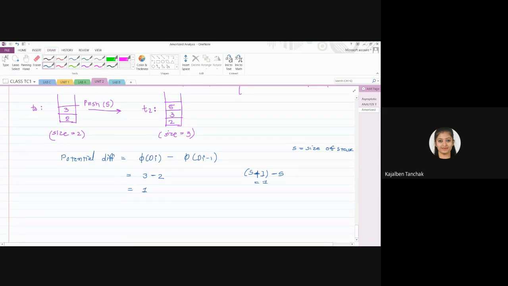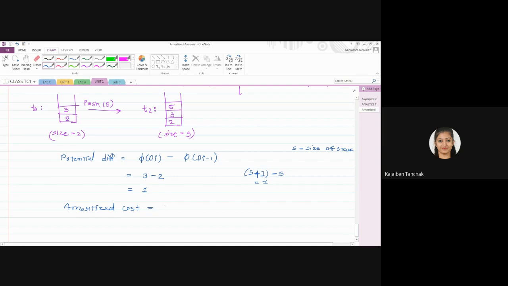In this example, the size of the stack before performing the operation is 2, and after performing the insertion, the size of the stack is 3. So the potential difference is equal to 1. Now let us find out the amortized cost. What is the amortized cost?